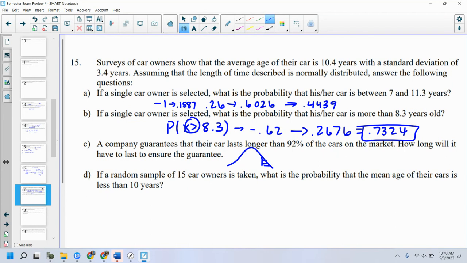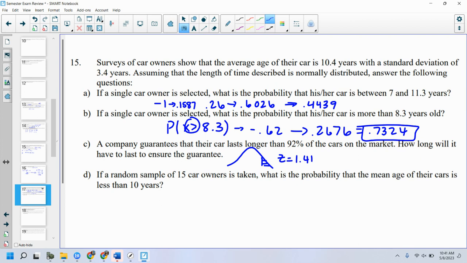So like 1.41. You follow me? Flip it over one page. Okay, so I know I want my z-score to be 1.41. Turn that into an x value.